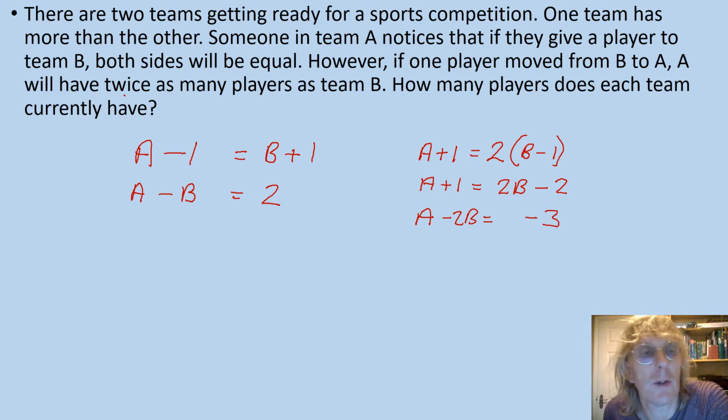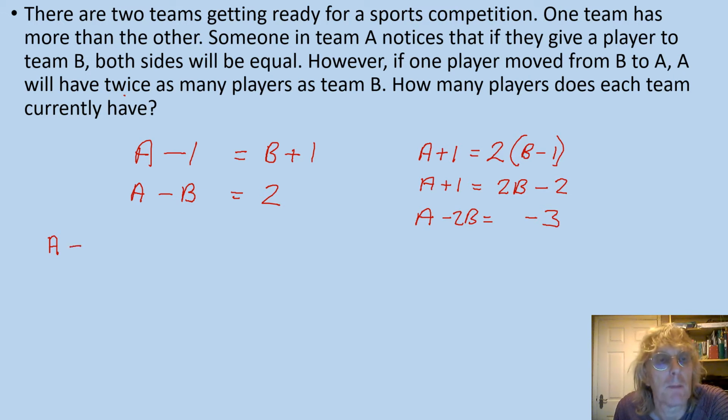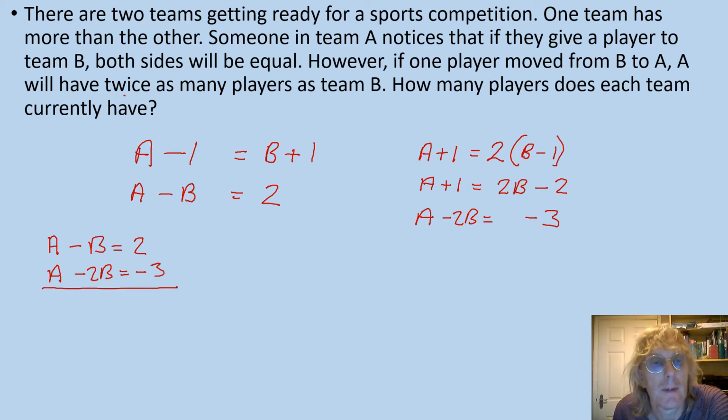So that's now our two simultaneous equations. If I just write them down here, A minus B equals 2, and underneath we've got A minus 2B equals minus 3. Now, if I subtract the bottom equation from the top equation, that's the best way of doing this.